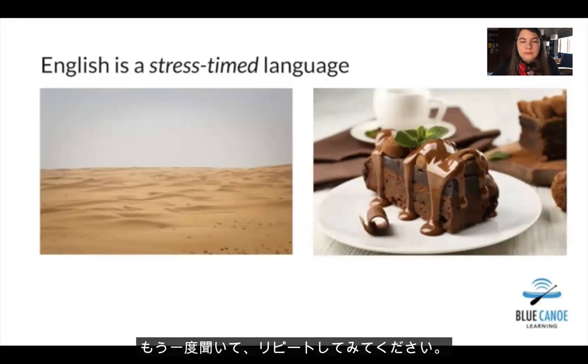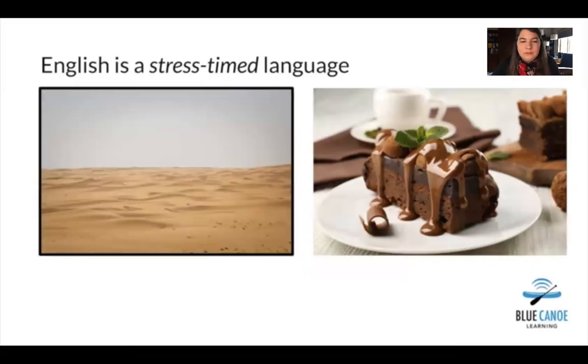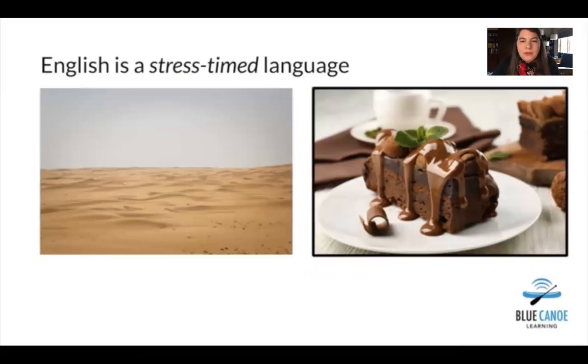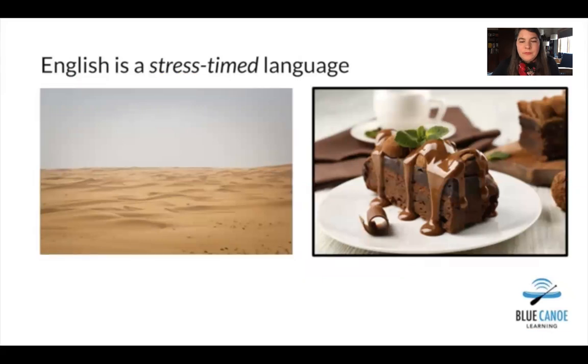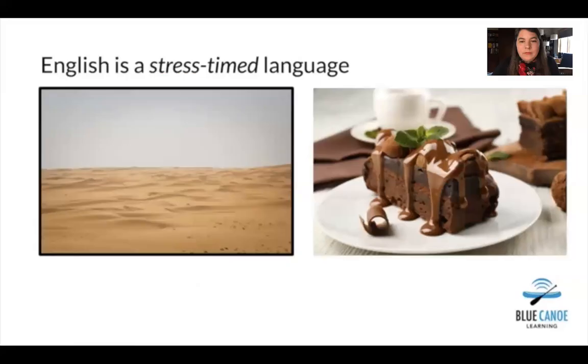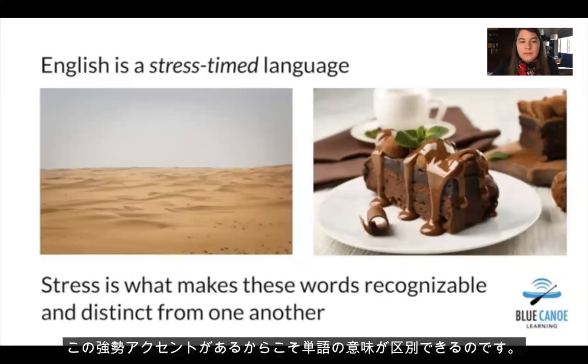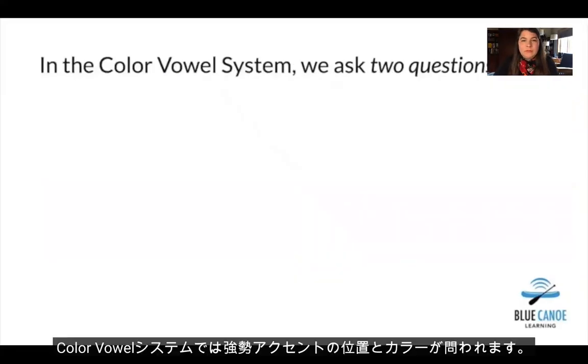Listen again and say these words with me. Desert, dessert, desert, dessert. Stress is what makes these words recognizable and distinct from each other. In the color vowel system, we ask two questions.